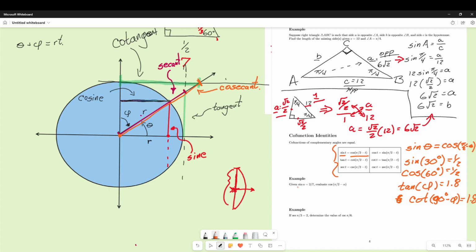So if the sine of some angle is 2/7, the cosine of its complement has got to be the same 2/7.